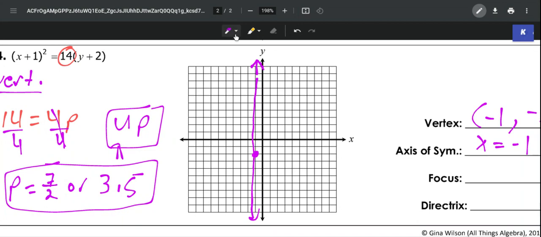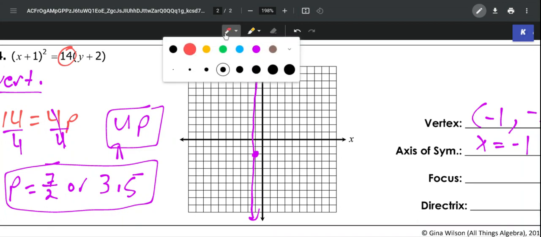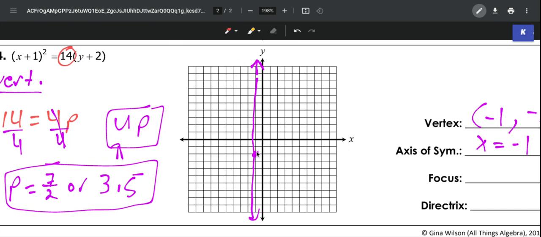If we want to find the focus, we're going to go positive 3.5 units away from the center. Anything that's positive on the y-axis is up, so we're going to go up 3.5 units. So that's where our focus would be.